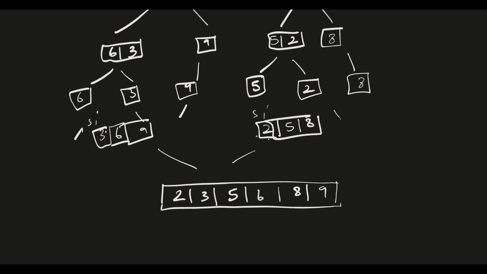If it is, I will place 3 here, but it's not, so I will place 2 here. Then I'll compare 3 with 5. If 5 is lesser than 3, I'll place 5, otherwise I'll place 3. Then I'll compare 6 with 5. 5 is smaller, I'll place 5. Then 6 with 8, I'll place 6. Then 9 with 8, I'll place 8. And then at last I'll put 9 here.